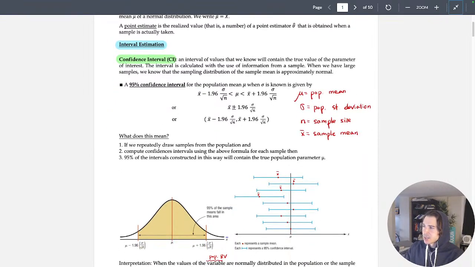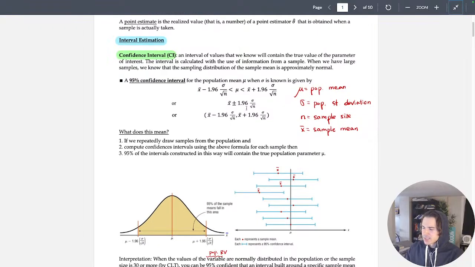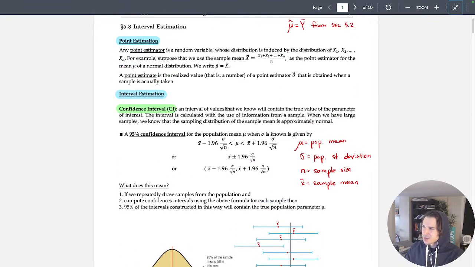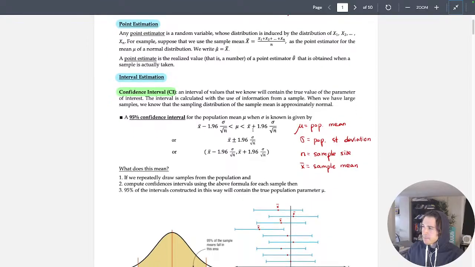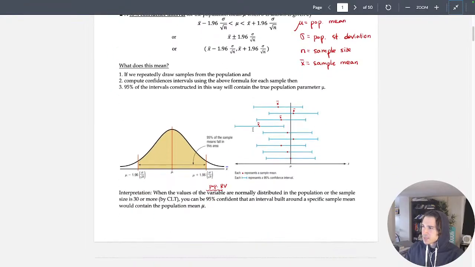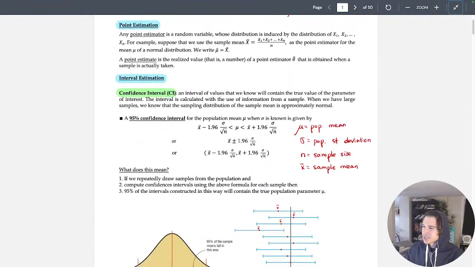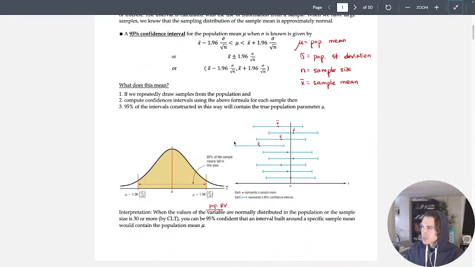It's just the population mean plus or minus the, what is it called, the z-score? Z alpha over 2. All of this is the error. It's not the z-score. It's something. What is this called again? Critical value? Okay, don't mind me. But yeah, it's just an error, a plus or minus from the population mean.